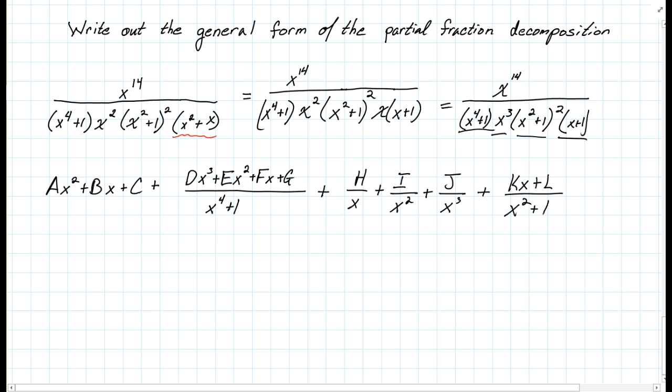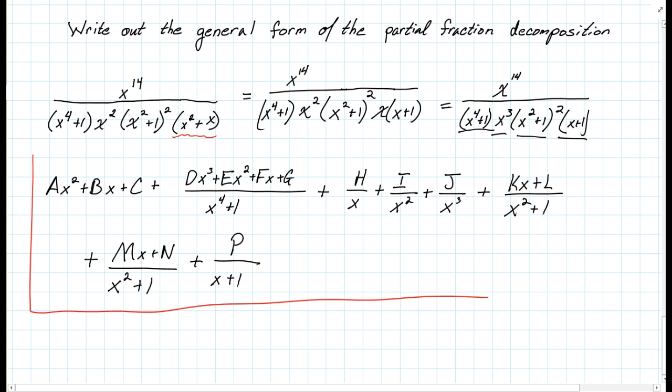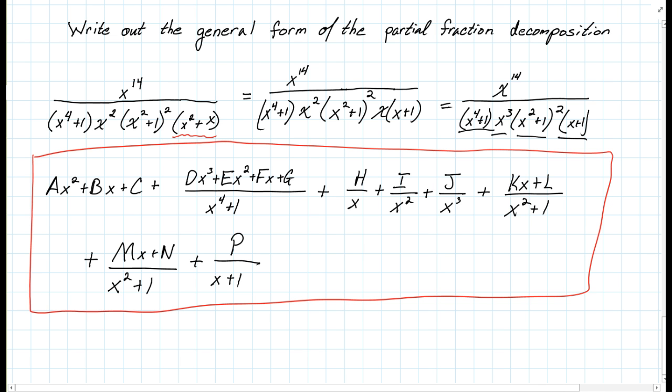But then it's squared, so we'll have to add mx plus n over x squared plus 1 squared. And then I'm going to skip o because it looks like a 0. p over x plus 1, that last term. So this whole thing is the general form of your partial fraction decomposition.